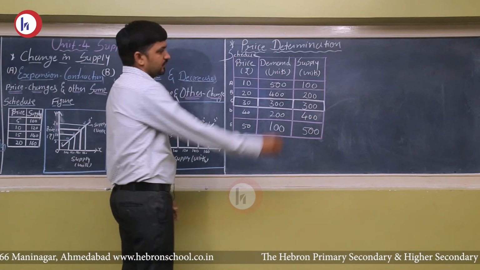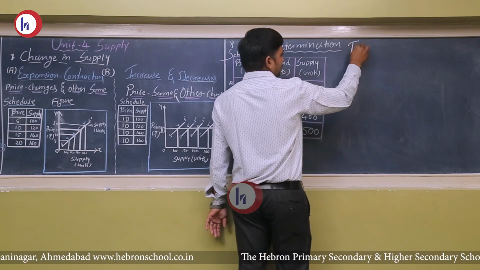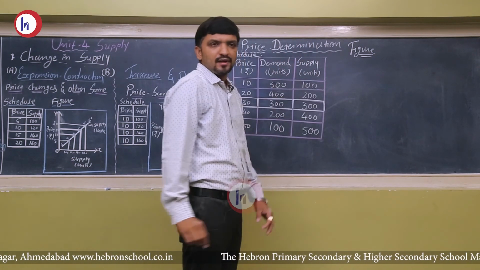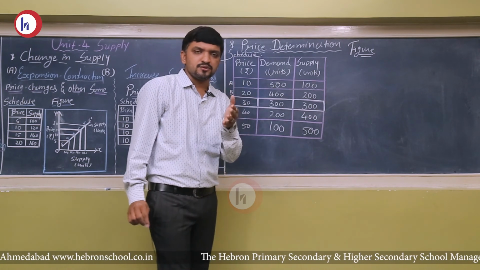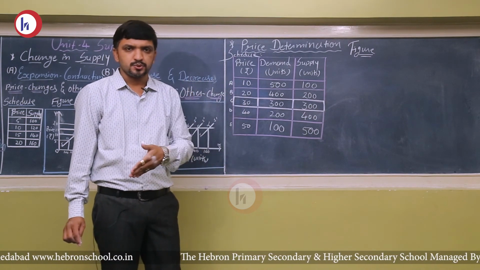Now, this one was our schedule. The same we can present with the help of a figure. Now see, I am going to draw two rough figures because we have already drawn many figures in unit 3 and unit 4 till this question.